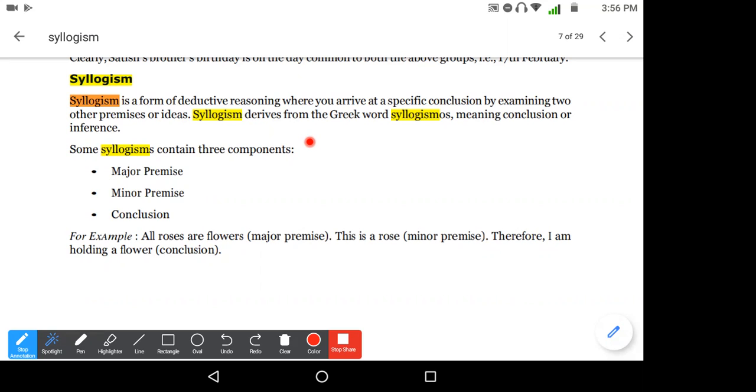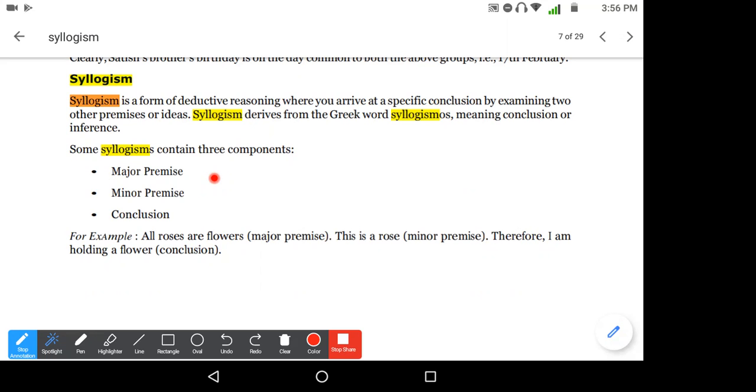Firstly, major premise. Major premise means what is the major factor which is influencing us to come to the conclusion. Now minor premise. Minor premise is a supporting quality to make a conclusion, and the conclusion itself.